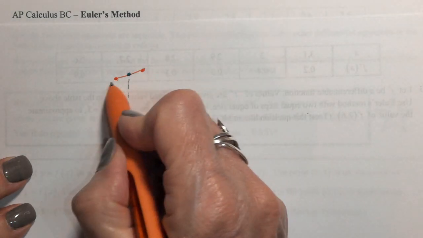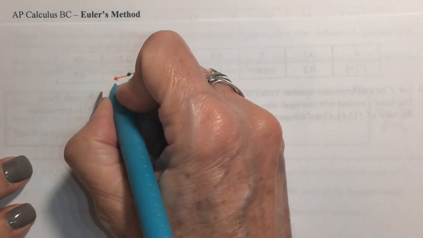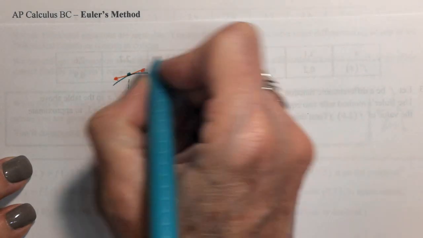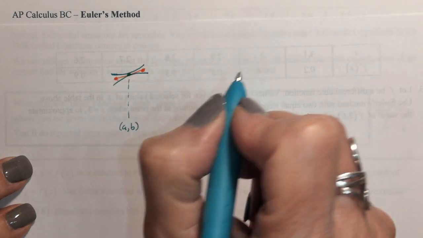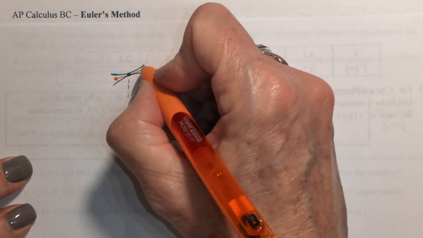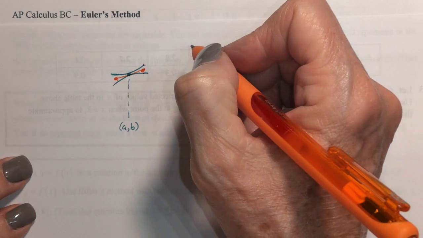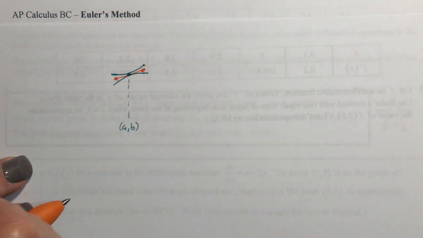So if this is the tangent line, then the actual curve must be something a little bit along those lines, like it has that slope of 1/4. So you see that this point approximates these points. All right? And this is a visual for a tangent line approximation.